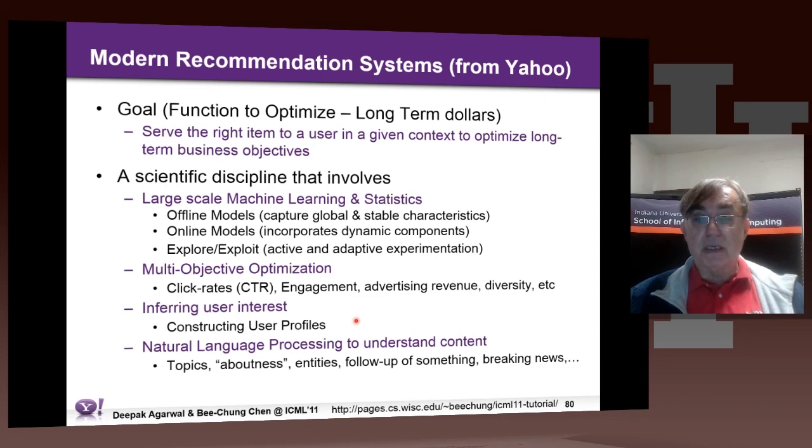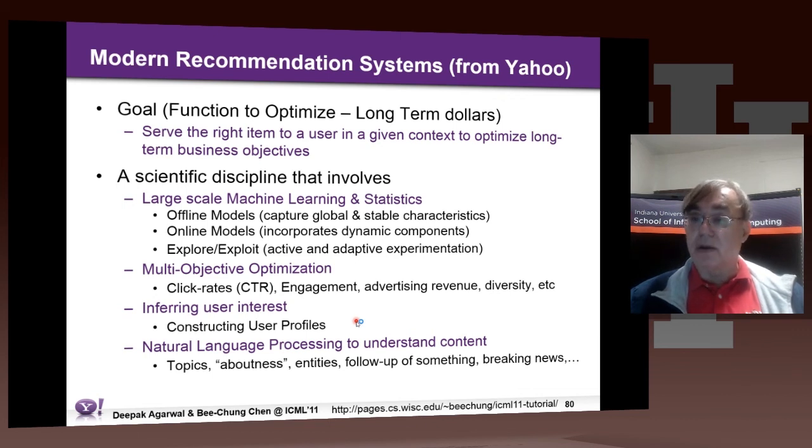So the actual thing you optimize here is not immediate user happiness. It is basically dollars to Yahoo in the long run. And Yahoo may not benefit, actually, if what happens is it only gets people to buy BMWs, because those people might go bankrupt and no longer use Yahoo in the future.